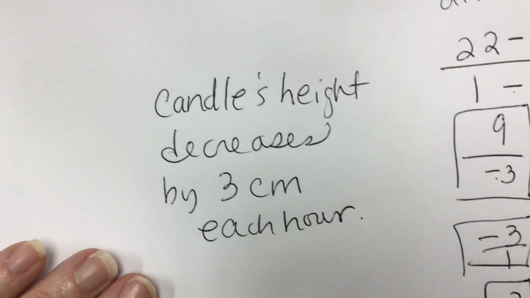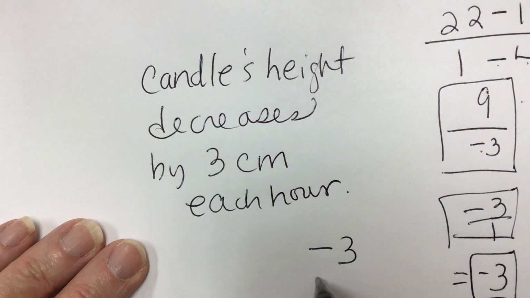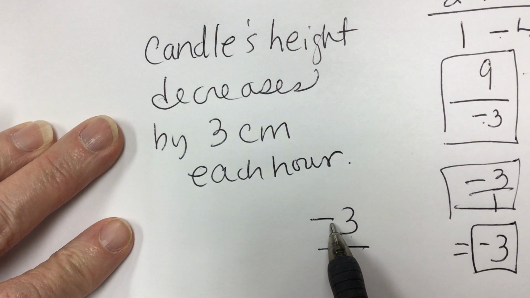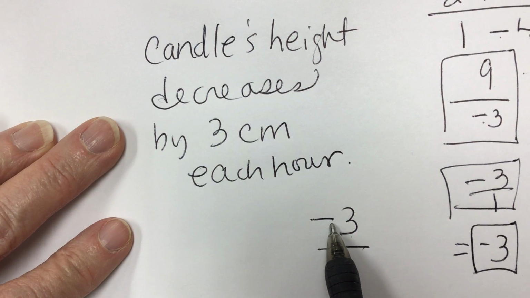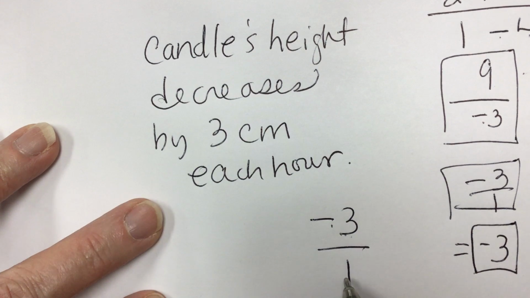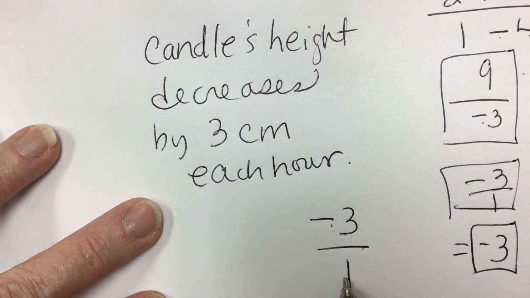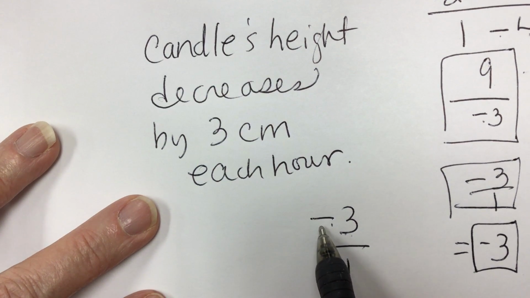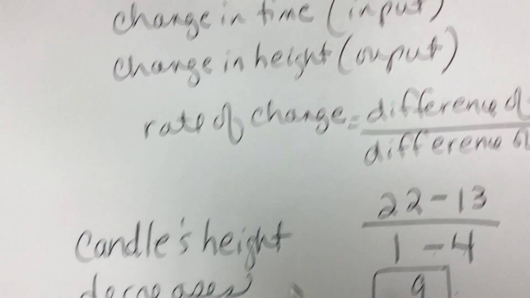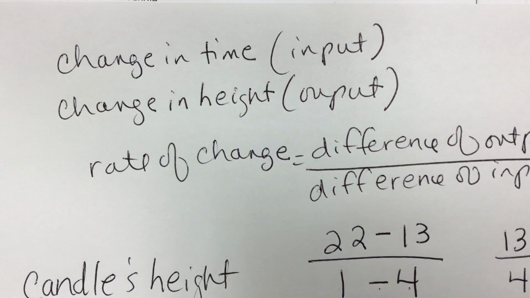By having a rate of change of negative 3 over 1, this says that the height of the candle is decreasing by 3 centimeters each hour, per hour, for every hour, however you want to say that. That's what the rate of change means in this problem.